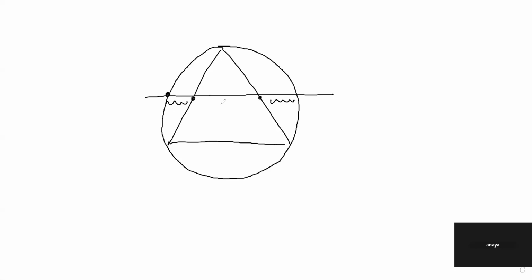If both the lengths are equal, then it's over, because we can call this DE and GF and do power of a point with respect to D. That power of a point will be DG times this, and this times this also. From there, we get an equation which has the variable x as DE/EF.